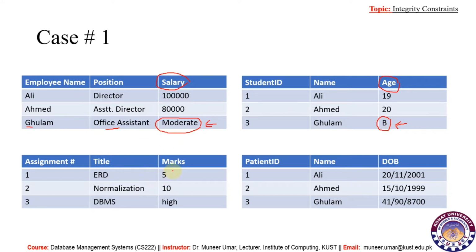Third, we have marks. Again, marks must be in numeric form, and here it is a non-numeric value, and with the help of this value we cannot determine the exact value for marks.